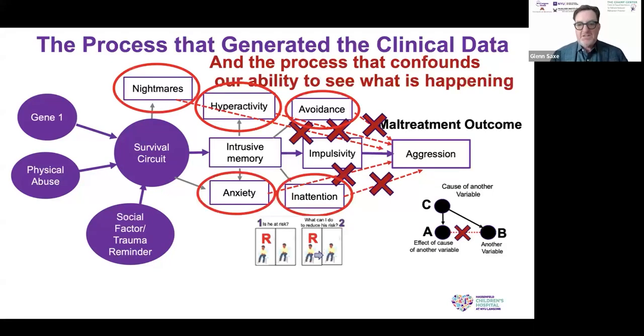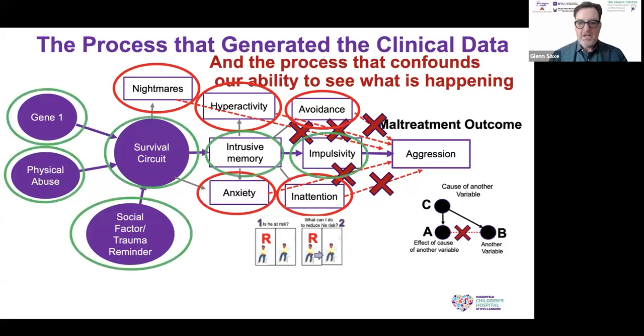See this process that generated the data, the truth. If you just look at it, you cannot intervene on each of these things to change aggression. So it's only on anything in green, if it's changeable, that would possibly improve aggression.